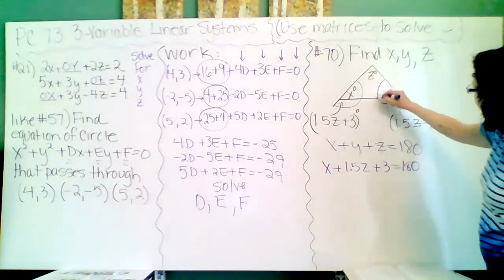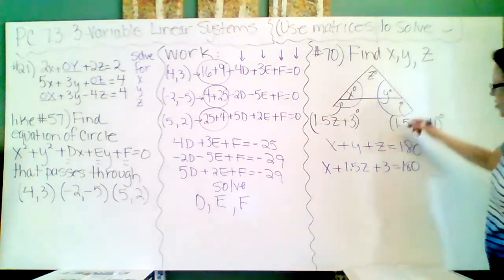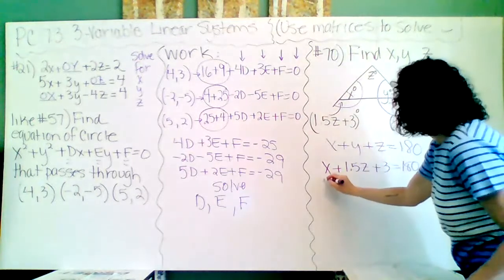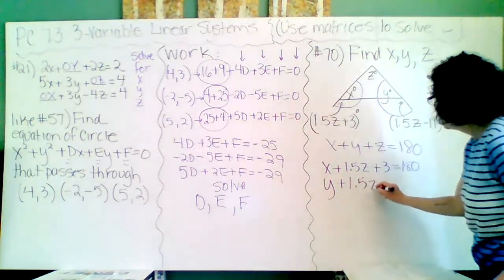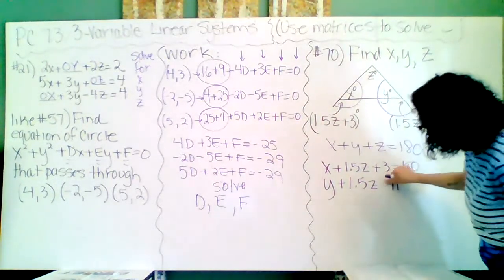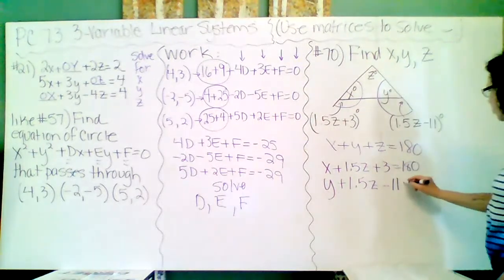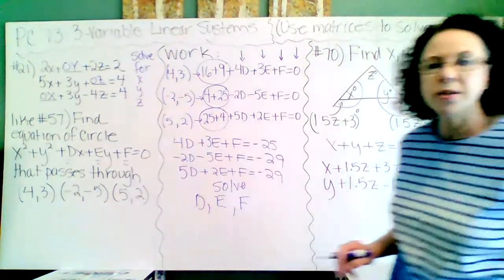And I'm going to write that same relationship here. When I add up these two angles, they add to 180. So I have Y plus 1.5Z minus 11 equals 180. Okay, now I have 3 equations, 3 variables.